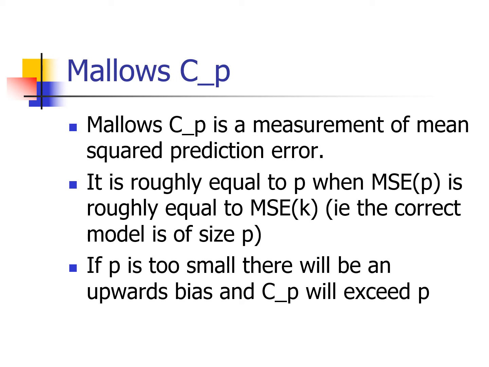And that's basically implying that the correct model is of size p. If our p is too small, we see an upward bias, and our Cp is more than p. We'll look at this more closely with a concrete example in the next set of PowerPoints, which will hopefully make it easier to understand.